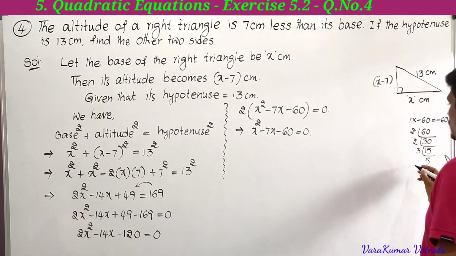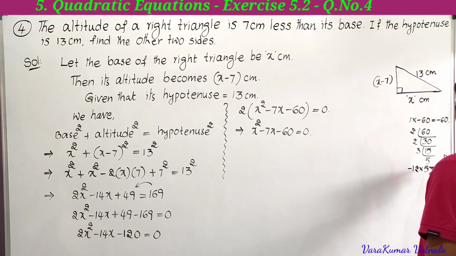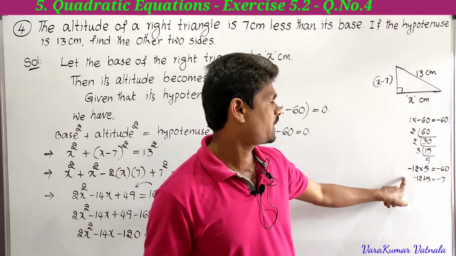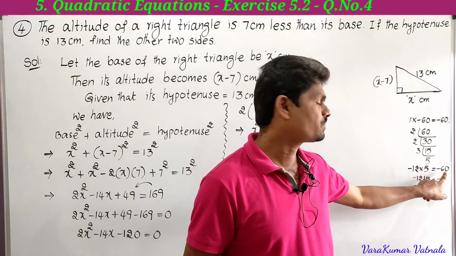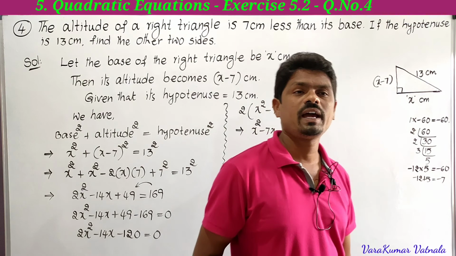Yes, it is possible. But here we have to take minus 12 plus 5. Minus 12 into plus 5 is minus 60 and minus 12 plus 5 is equal to minus 7. So here minus 12 and plus 5 are the factors.